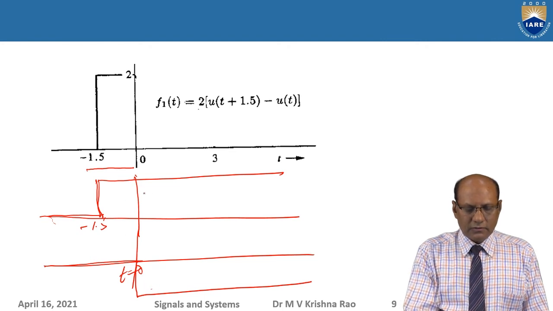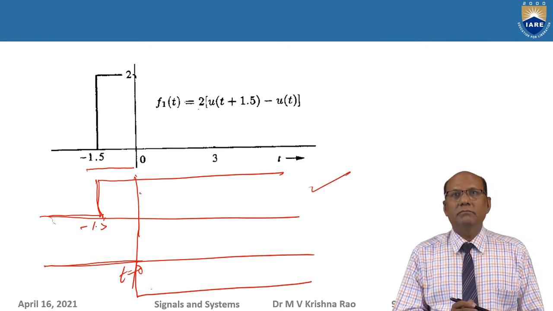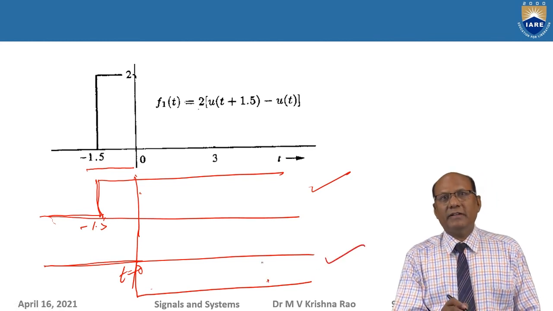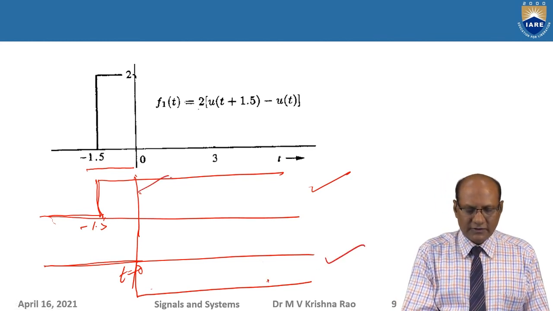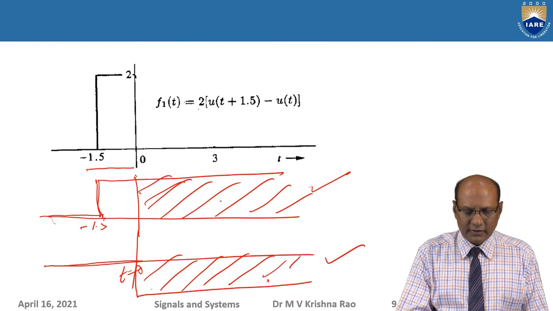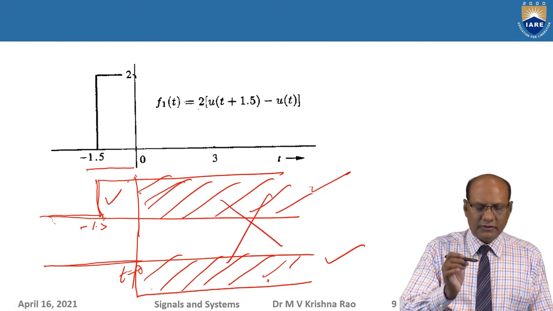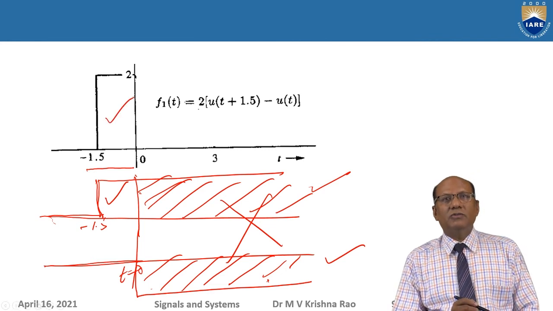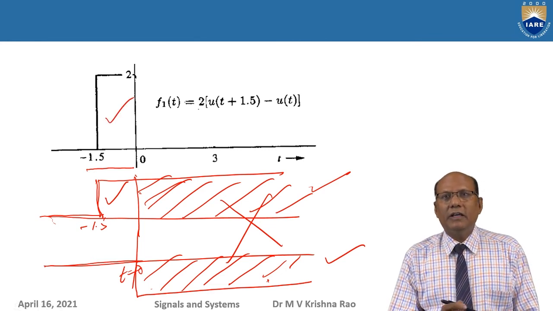So first step function, second step function. The second step function is subtracted from the first function. So this area, because it is existing from this side, this area and this area will get cancelled. Okay, so I am left over with this pulse which is existing between minus 1.5 to t equal to 0.